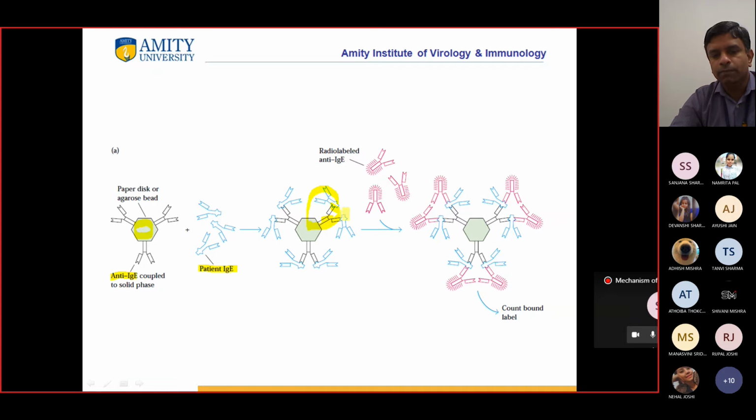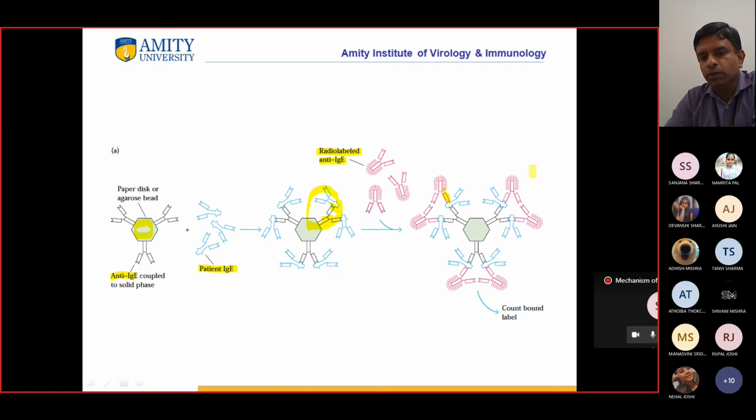So binding हो गई. Now you do the washing step. तो जो भी unbound IgE होगी वो सब wash हो जाएगी, right? Then you add radio labeled anti-IgE. Again we are using antibody, but this is radio labeled. Okay. Now again this is against IgE, so it will go and bind to IgE, right? Now again you do the washing step.